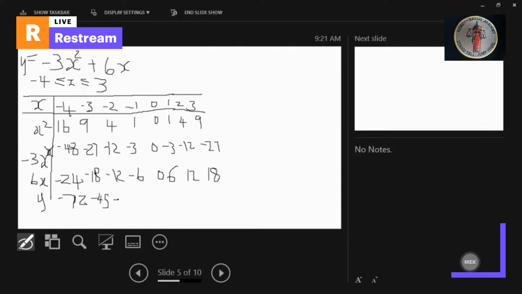Negative 12 minus 12 is negative 24. Negative 3 minus 6, negative 9. We have 0. Negative 3 plus 6 is positive 3. Negative 12 plus 12 is 0. And negative 27 plus 18, that's negative 9.